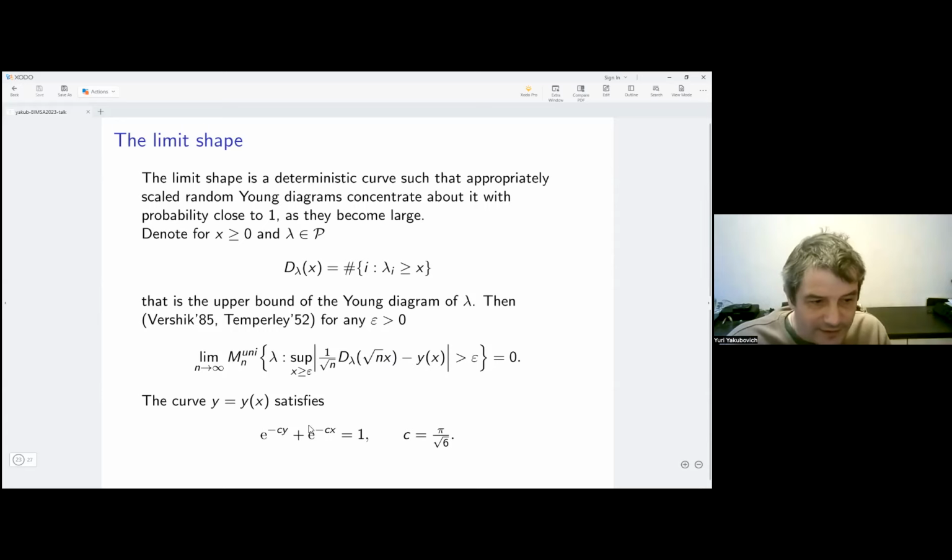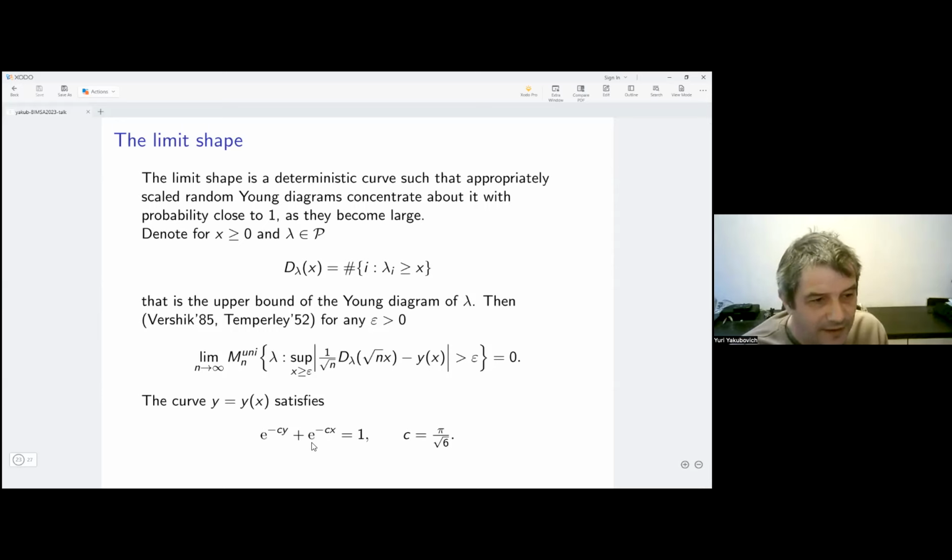So this is a random object, and this is deterministic, and it will be close if we step slightly away from 0. This curve is given by this very nice equation.